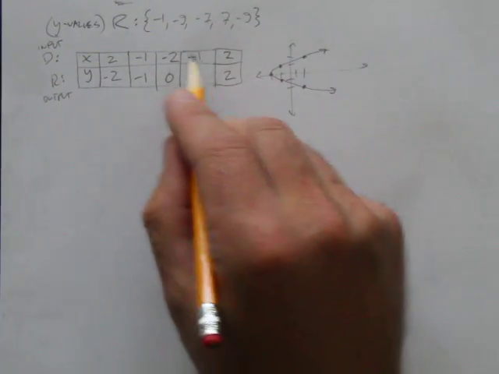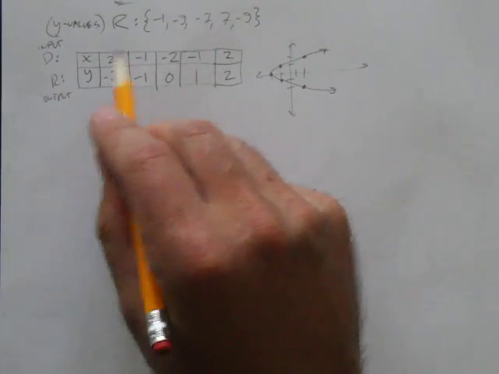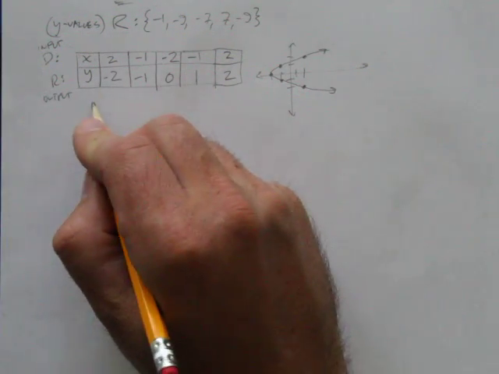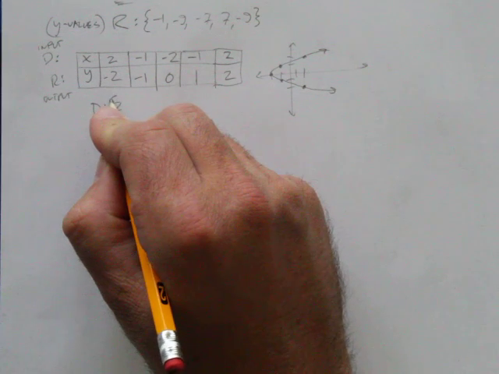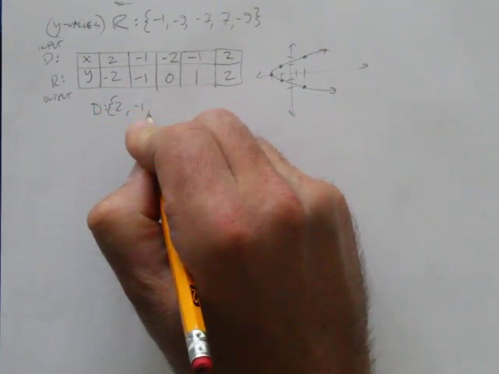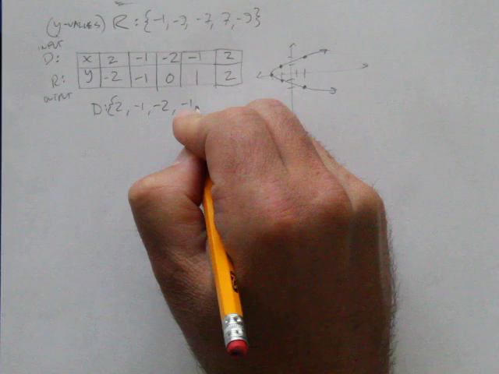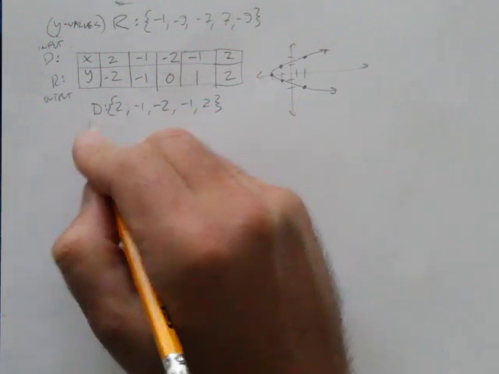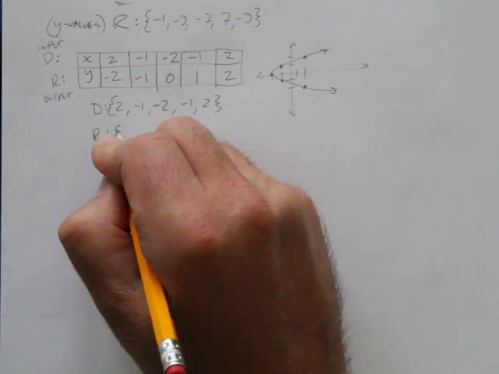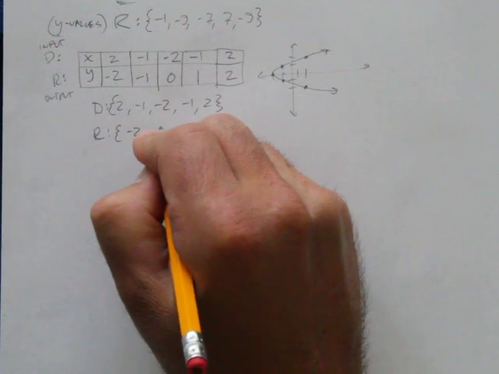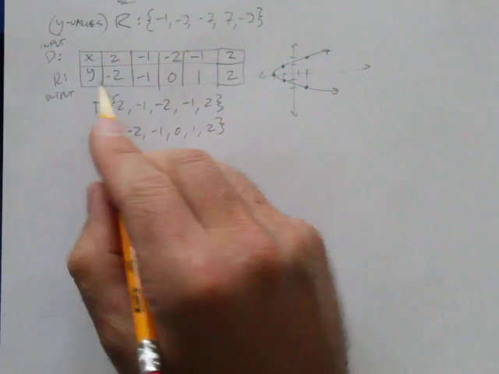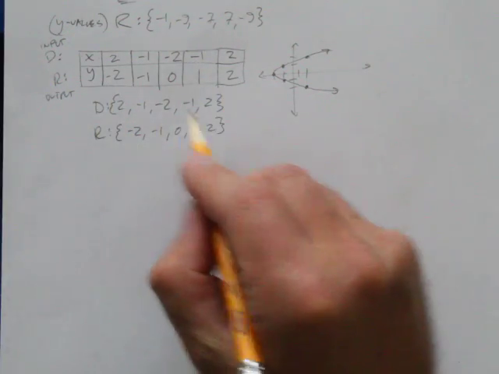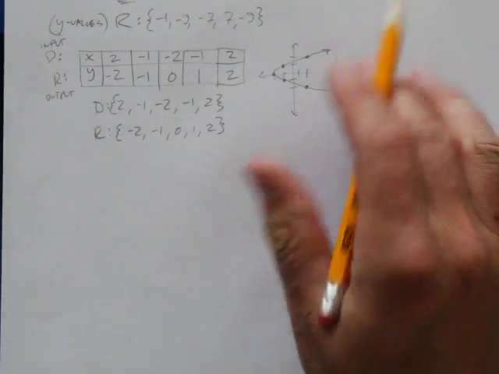So in this relation, I have a domain, which are the x values: 2, -1, 2, -1, 2, and my range is -2, -1, 0, 1, 2. I just took my y values from here and put them in my range, and my x values and put them in my domain.